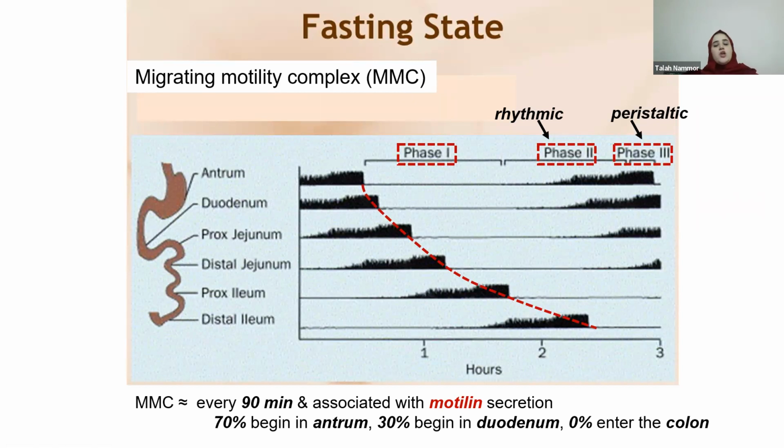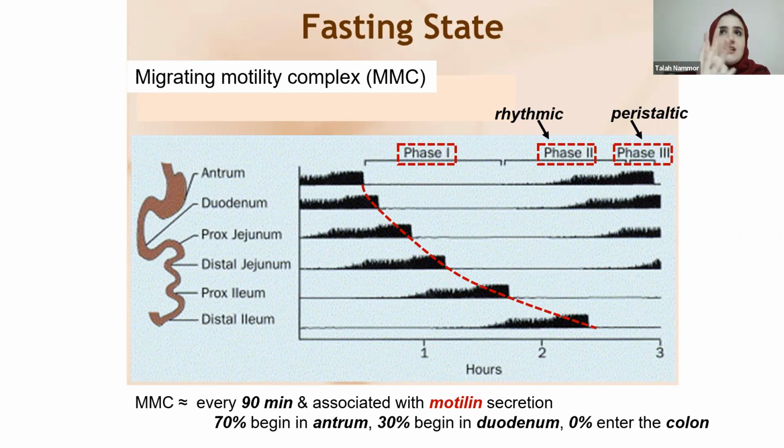So what is this complex about? Let's say I'm not eating, my stomach does not have any food, and I'm not going to eat anytime soon. What will the muscles do? Will they contract? Will they relax? The migrating motility complex, or MMC, you can think of as a cycle made up of 3 phases that I'm going to explain now.